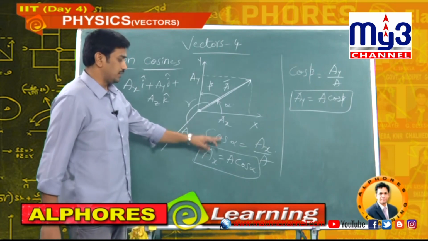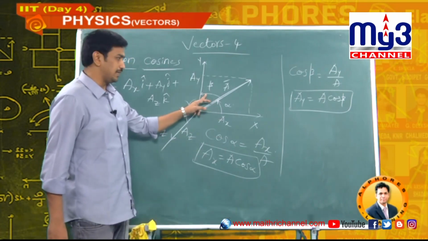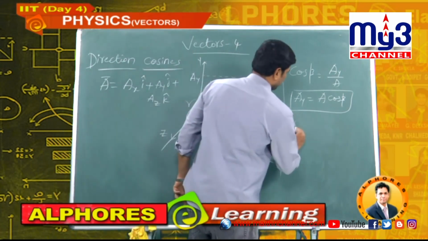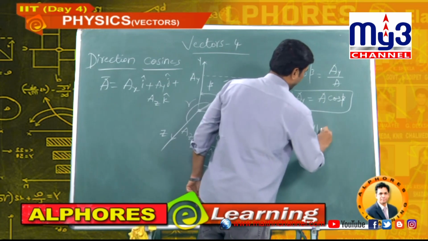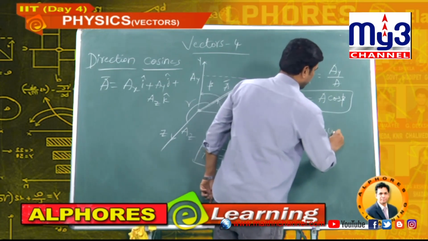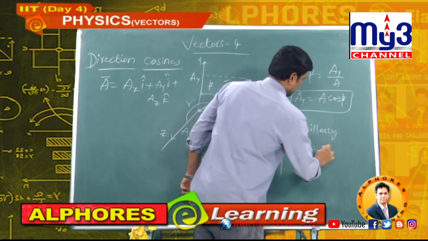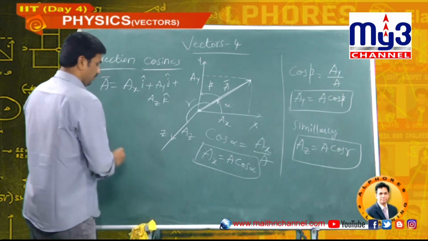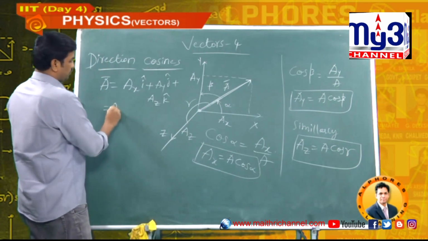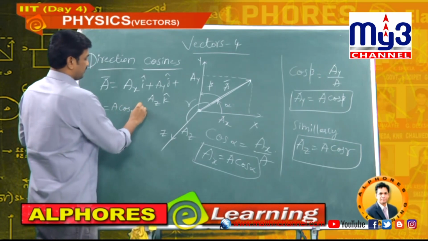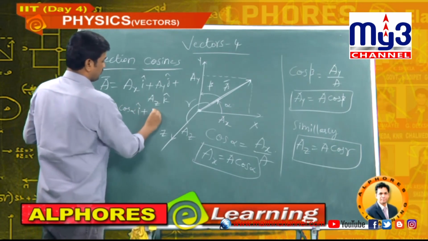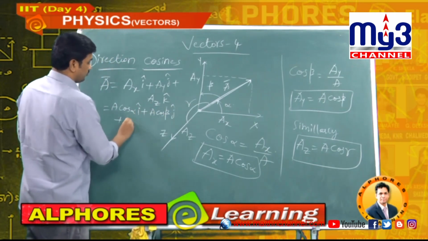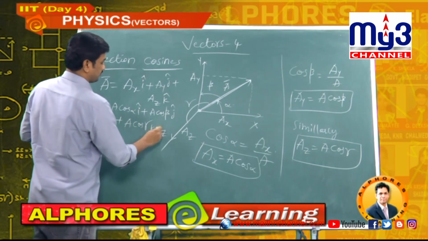So the x component is a cos alpha, the y component is a cos beta, and similarly the z component is a cos gamma. After writing two values, we can write the third one directly. az is equal to a cos gamma. So ax is a cos alpha, ay is a cos beta, az is a cos gamma.